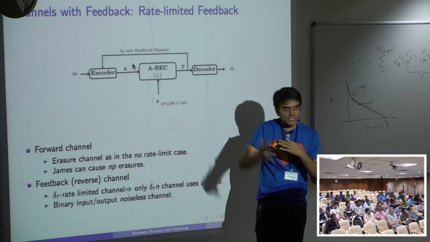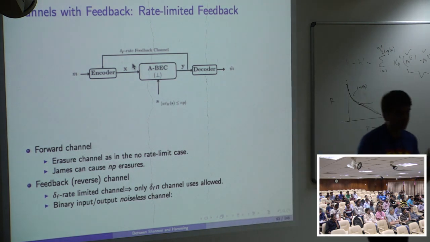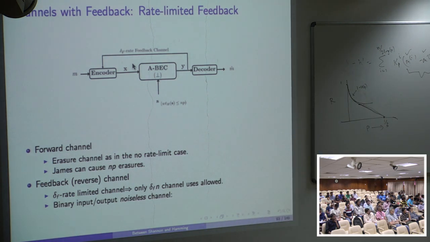Something non-trivial is known over there, but a capacity characterization is open. So again, there are multiple variants of this problem. Just for today's talk, to keep it clean and simple, I'm going to focus on this particular version where it's rate limited but noiseless. And there's work in the computer science literature, coding for interactive communication, where you have two-way channels and noise is allowed on both, adversarial noise and so on.